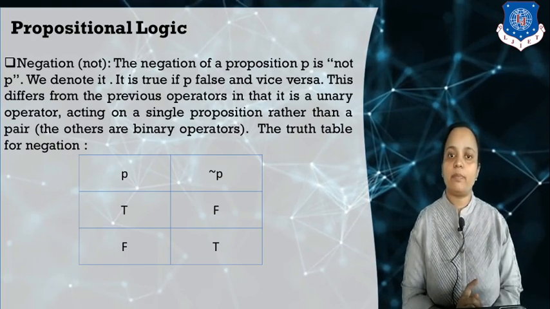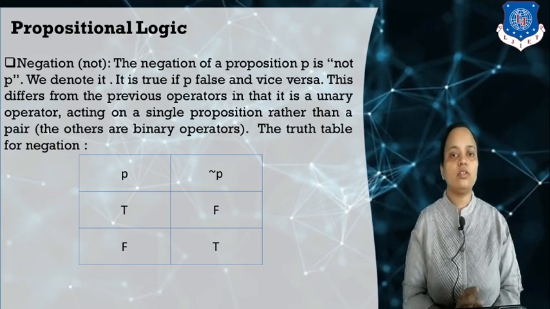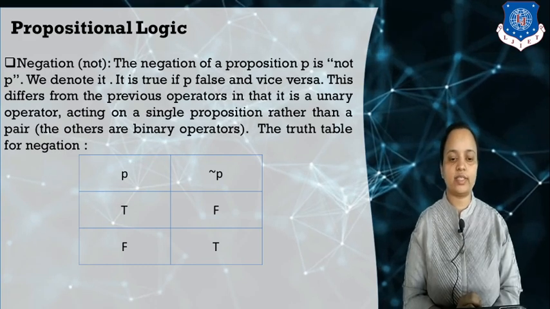As we saw on the previous slide, disjunction and conjunction are binary operators because they act on two propositions. Negation acts on a single proposition, so it is called a unary operator.